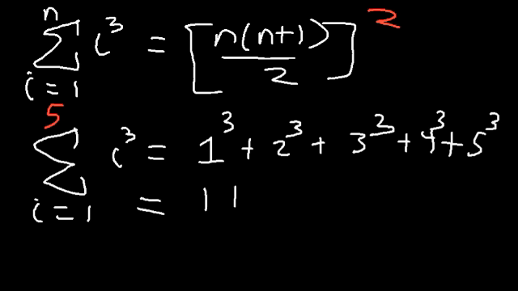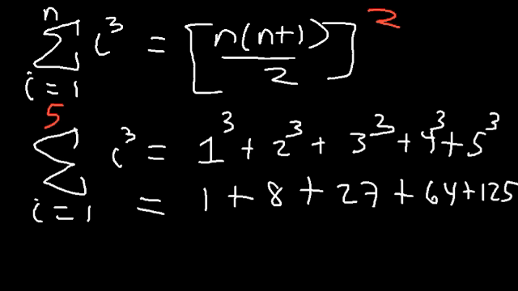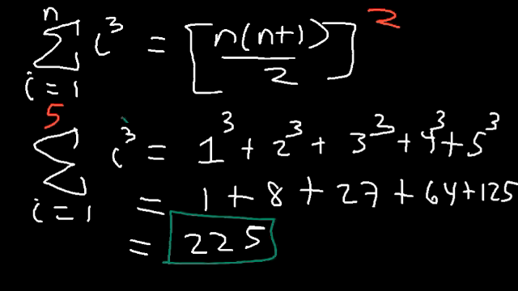So 1 cubed is 1, 2 to the third, which is 2 times 2 times 2, that's 8. 3 cubed is 27, 4 to the third is 64, and 5 cubed is 125. So let's add these 5 values. So this is equal to 225. So that's one way in which you can calculate the sum for an i to the third expression.